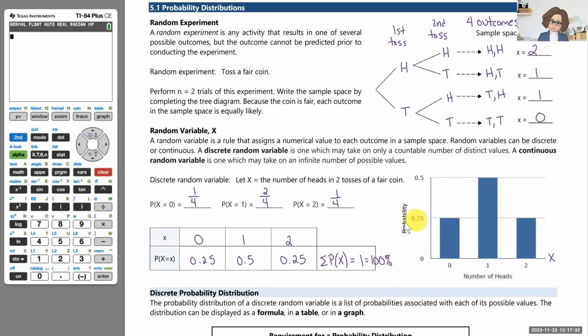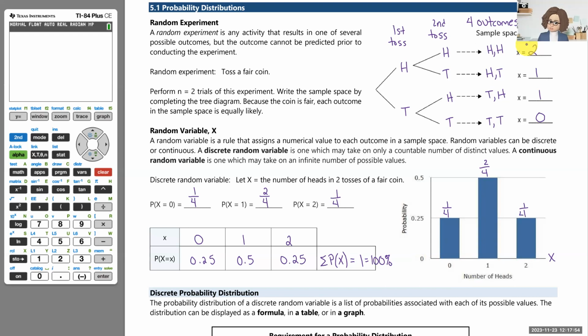That occurs 0.25, 25% of the time. I'm going to just go back to fractions here. That happened 1 out of 4 times. 1 head happened 2 out of 4 times, so there's your 0.5. And 2 heads occurred just once, 1 out of 4 times.